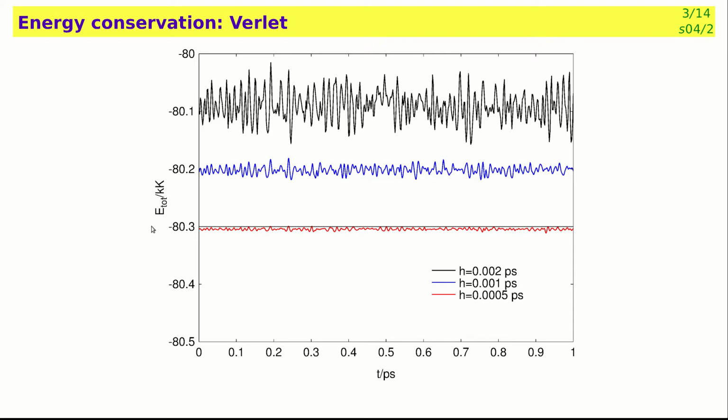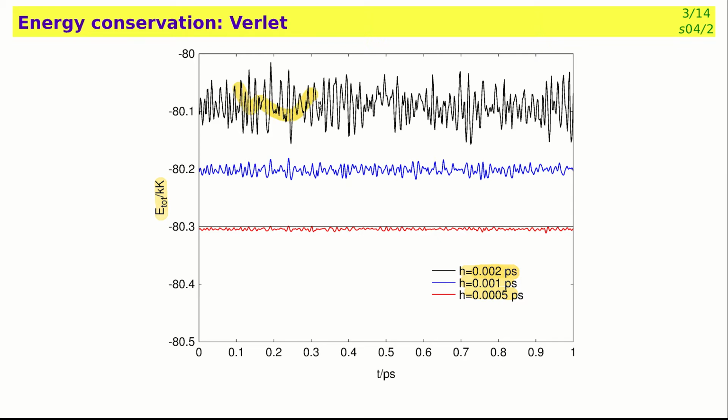Here you can see graphs of sample simulations. This was liquid argon, I guess, and the total energy, that is kinetic plus potential, with different time step sizes. It can be seen that this is the longest time step, 2 femtoseconds.